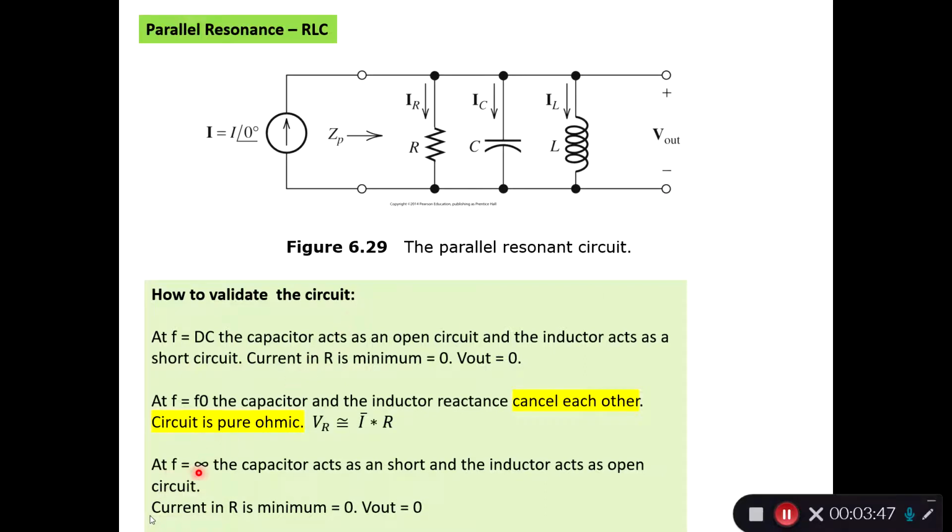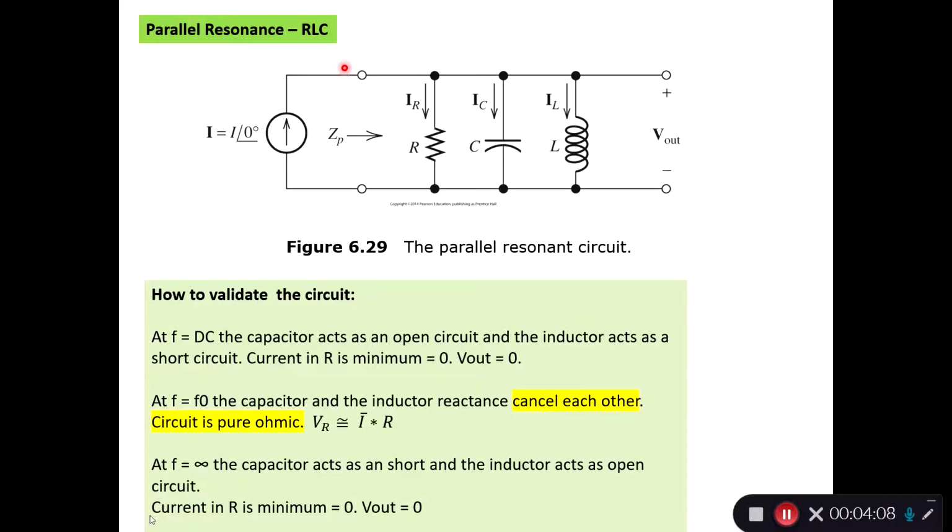Then for the frequency is infinite, then the capacitor is short circuit, but due to an infinite frequency, the inductor is open circuit. So here in this case, at higher frequencies, the capacitor is shorted out and the inductor is open circuit.